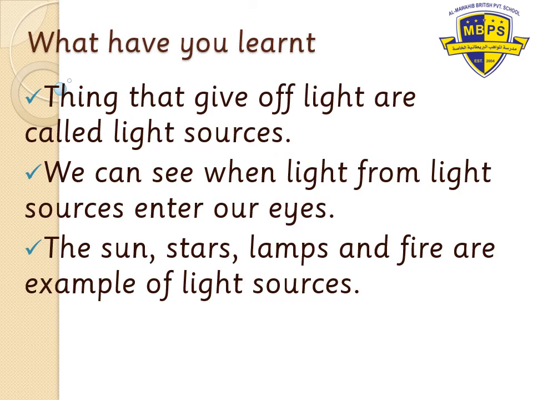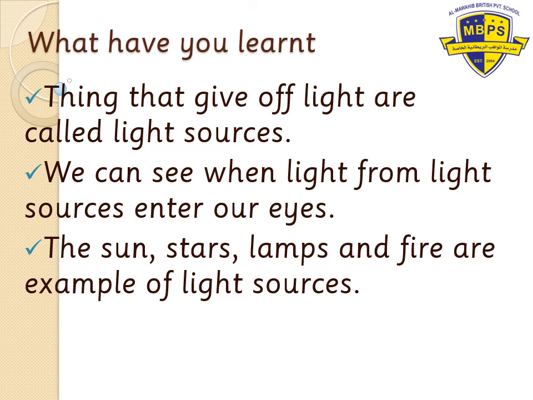Now we will check what you have learned. Things that give off light are called what? Light sources. Very good. We can see when light from the light sources enters our eyes. Excellent.